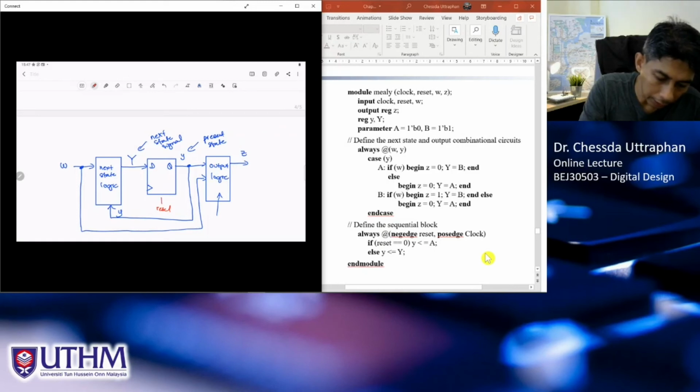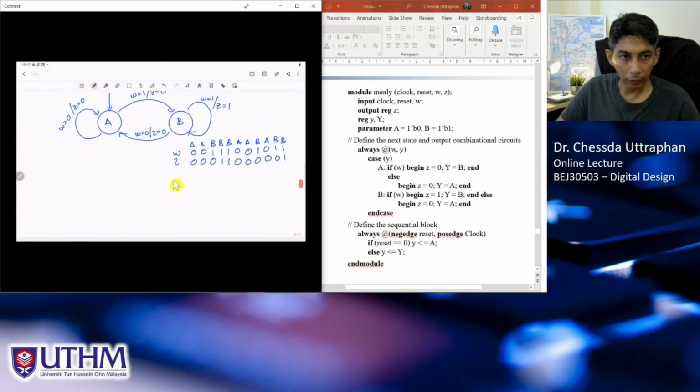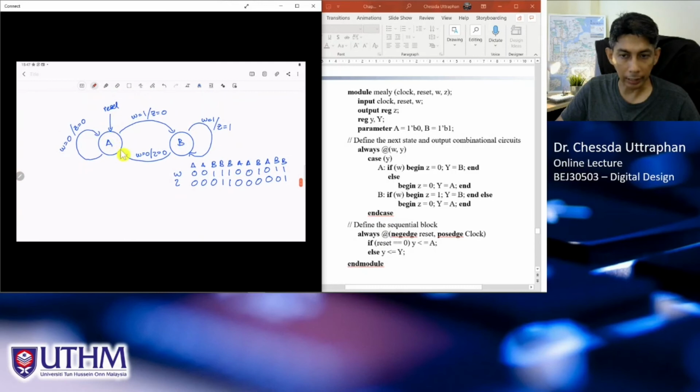So the reset is this negative edge reset, positive edge flop. If reset equal to 0, so y is equal to A. Right? If the reset equal to 0, y equal to A. What is meant by y equal to A means that the output here, small y, equal to 0, right? Because A is 0. Means that when reset, we are at state A.